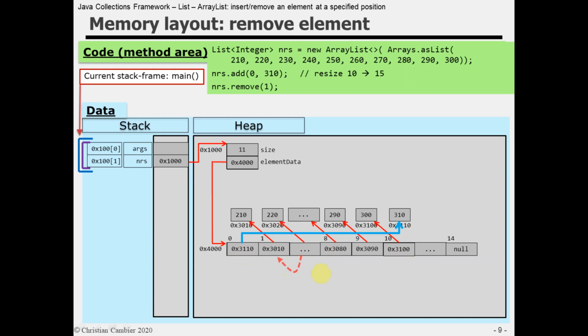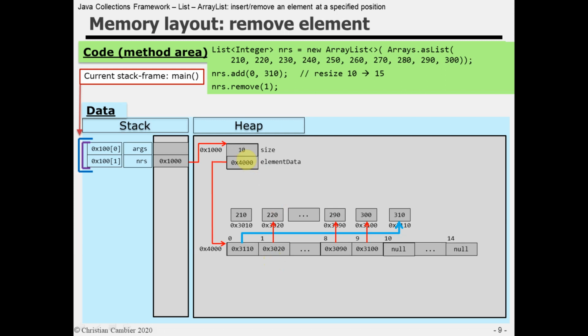The content of all elements in the array, starting at specified position +1, is copied to its neighboring element located to its left. And the last element will receive null. It is as if all the elements in the array from that position are shifted 1 position forwards, so to the left. And finally, the size is decremented to 10.